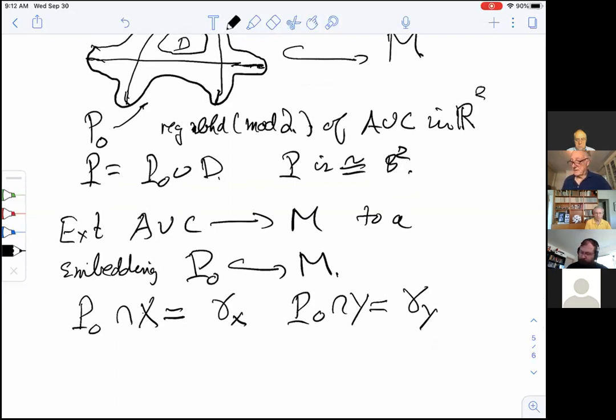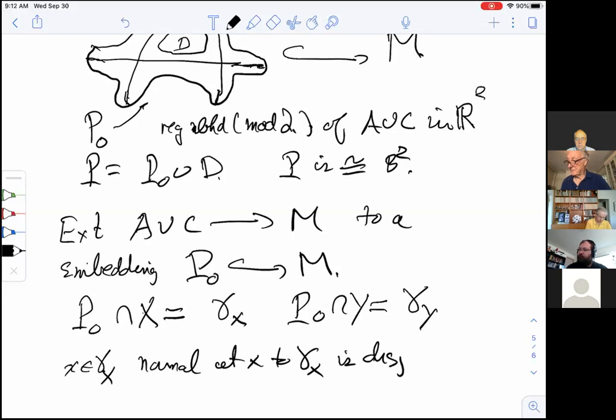And I want the normal vector. So for any point X in gamma X, the normal at X to gamma X is independent, is disjoint from the tangent bundle to X at this point.